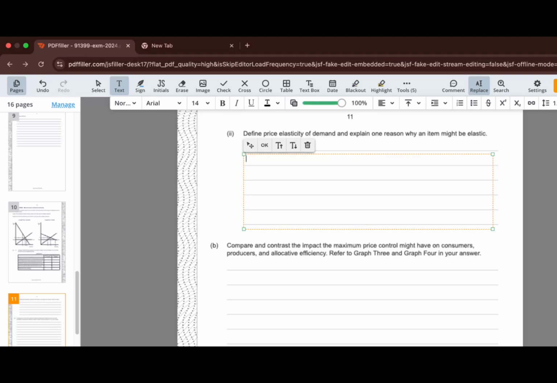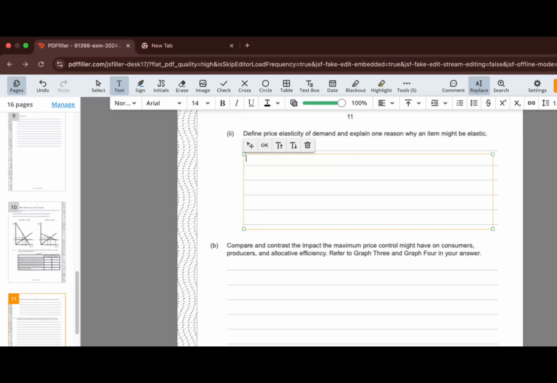Okay, so an item would be elastic if there was a greater proportionate change in quantity demanded compared to a change in price, and a good would be inelastic if there was a lesser change in quantity demanded relative to a change in price. Okay, that's a little bit of a confusing topic.